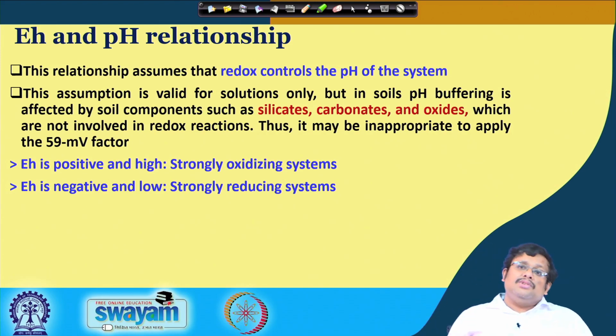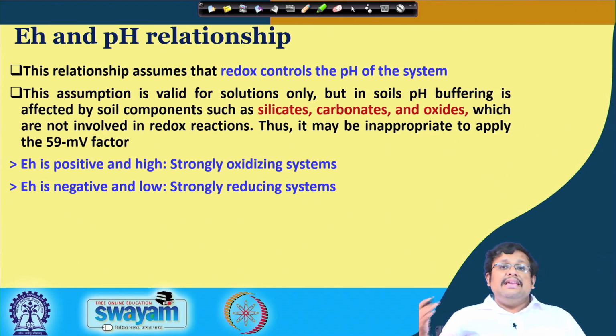In submerged soil, which is a strongly reducing system, you will see the EH is negative. And when we convert a soil from oxidized to reduced condition, from aerobic to anaerobic condition, you will see the EH move from its positive value to more and more negative values.